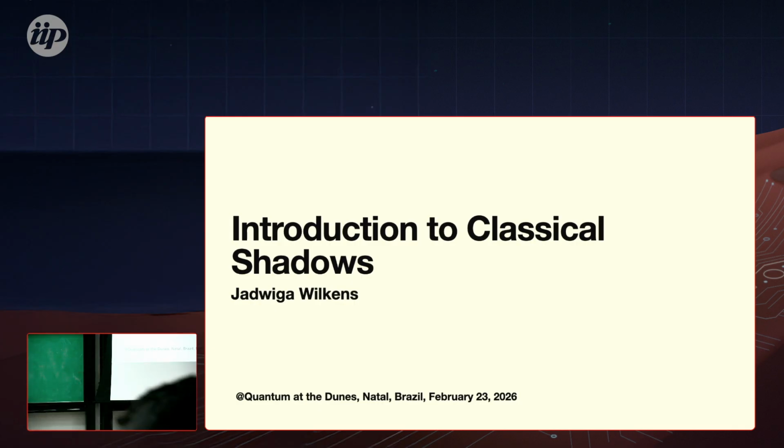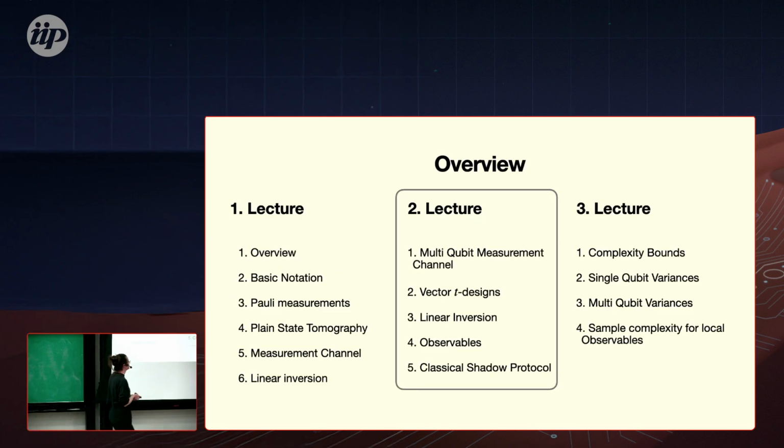So let's dive into the overview that I showed you at the beginning of last lecture. Last lecture, we did a basic notation session where we saw that tensor diagrams are very useful. Then we reviewed the Pauli measurement on a Bloch sphere, and from that learned what full state tomography can do and what it cannot do.